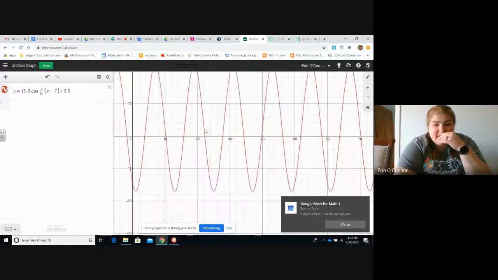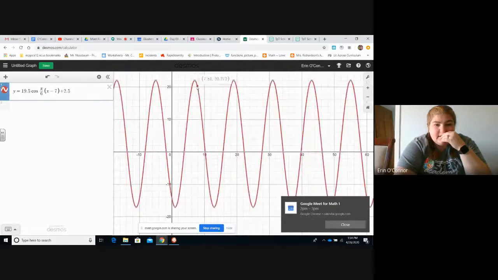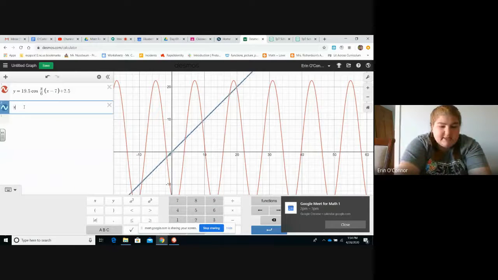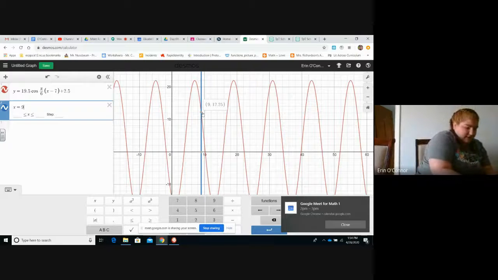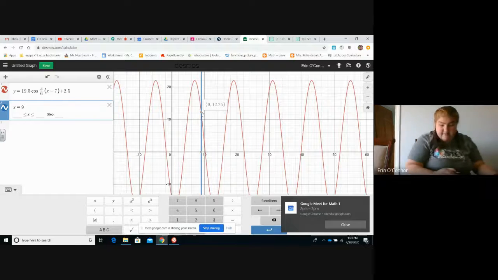Okay, so if we look at the 9th month, which is right here, it should be around 11 something. Let's look. So x equals 9, and we get that the exact answer is 12.25. So equation answer is 12.25.